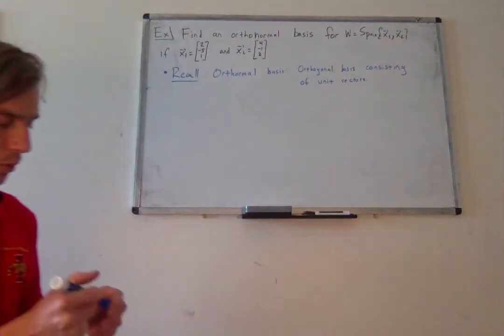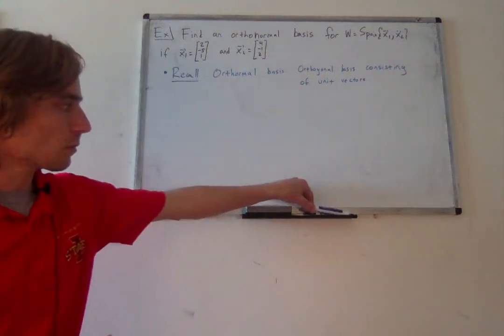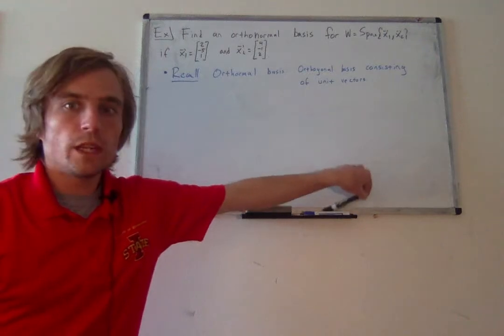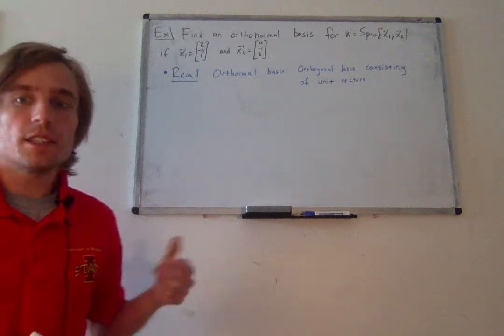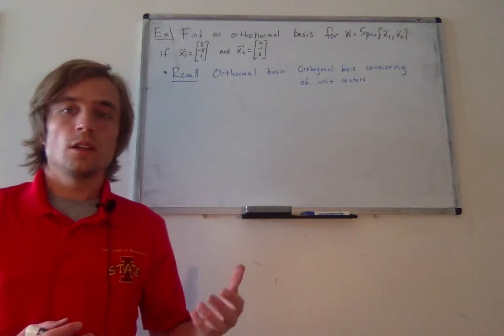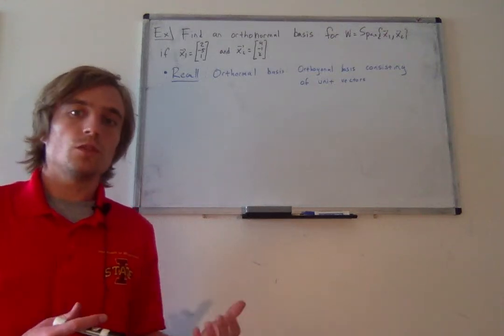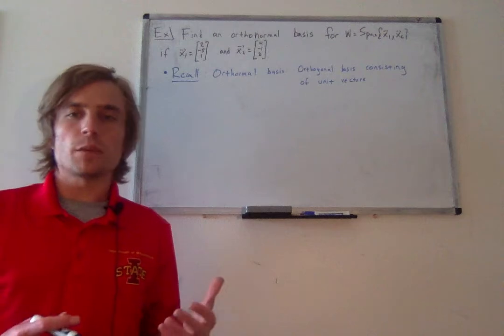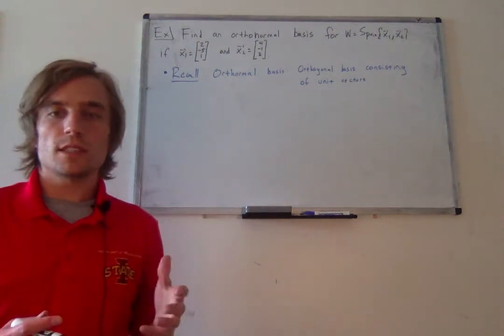And remember that given any vector, we can transform it into a unit vector in the same direction, a scalar multiple of the original vector, by just dividing by its norm. We'll see how to do this in a second.